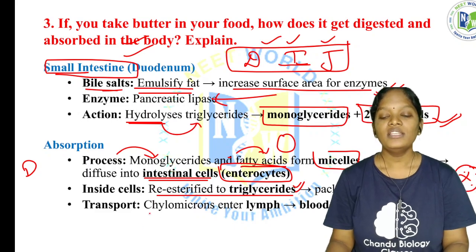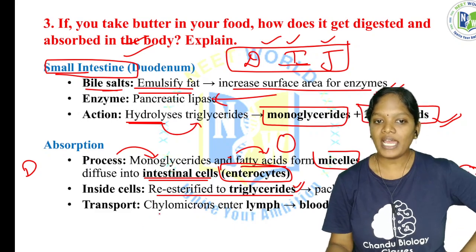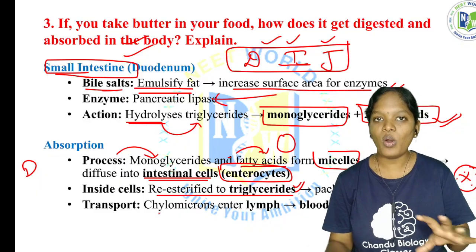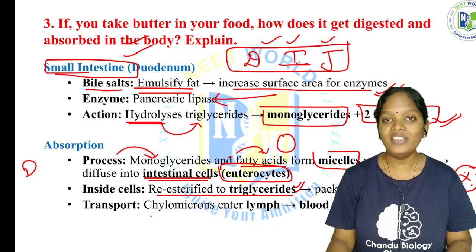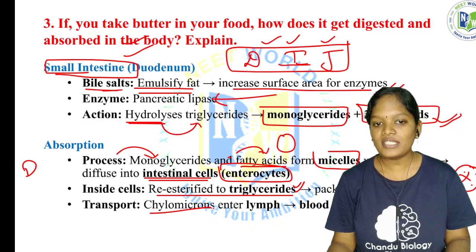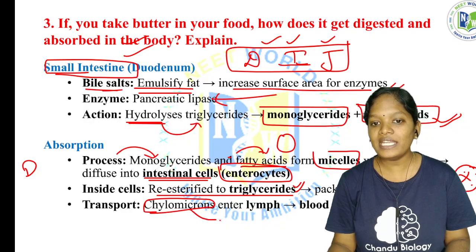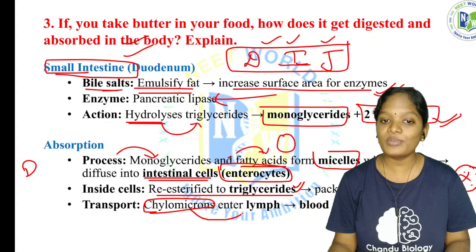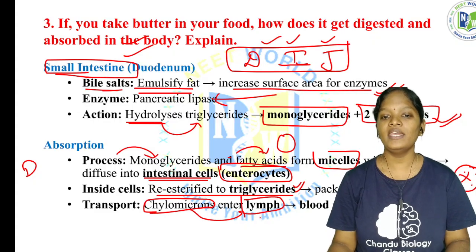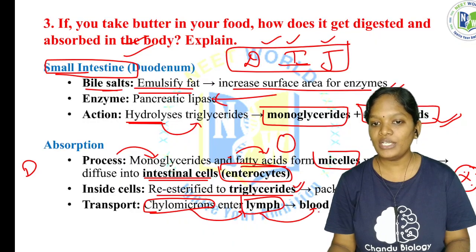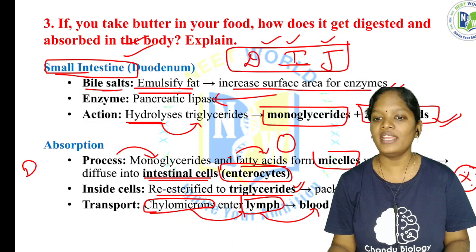So the lipid is transported to all the cells of the body in the form of chylomicrons. How is it transported? These chylomicrons do not enter the blood directly. Before entering the blood, they enter the lymph. After that they enter the blood for storage or energy.